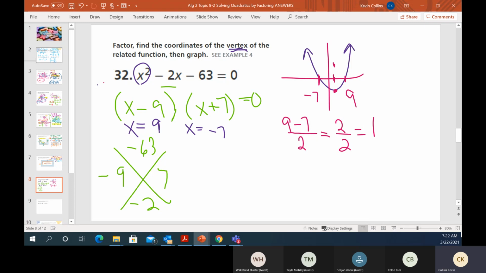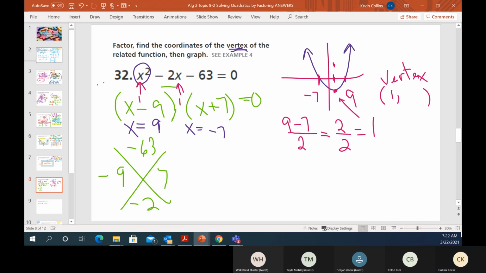Okay, so then to figure out the vertex, we just figured out that the x value is going to be 1. So our vertex starts with x equals 1. The way we figure out the y value is we just plug 1 in here every place we see x.